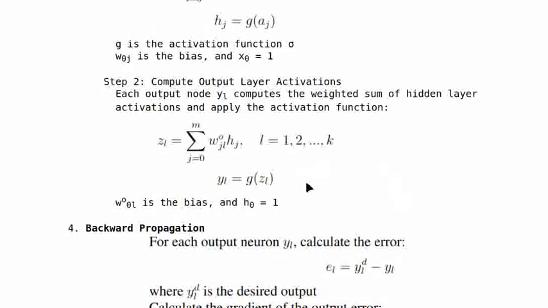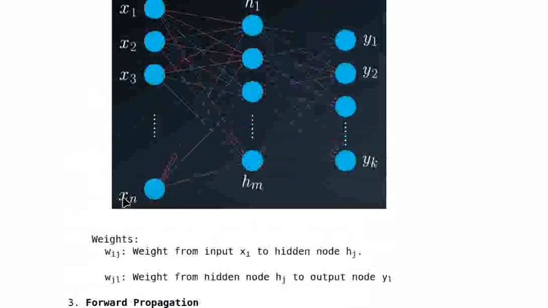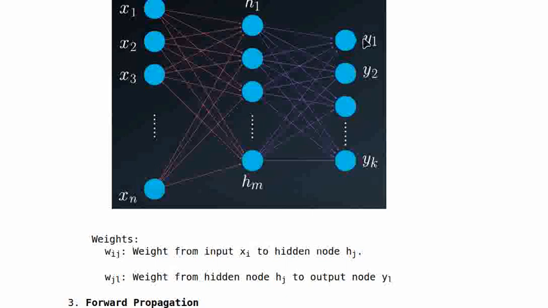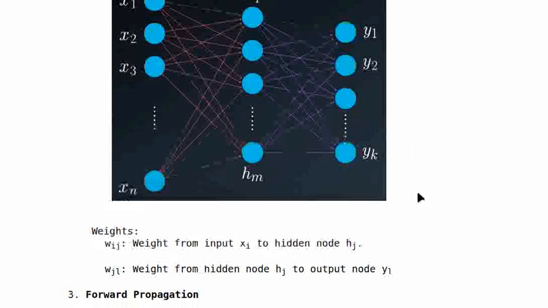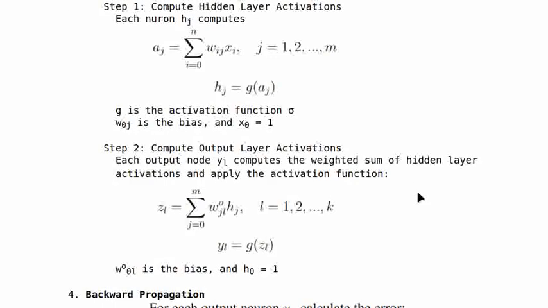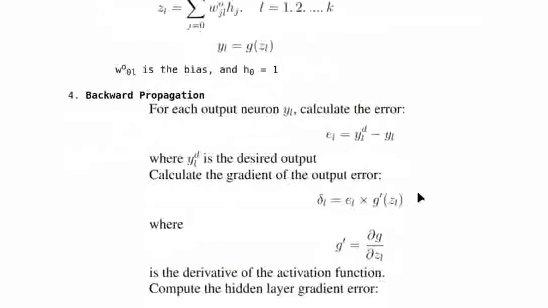So in the formula again, h0 is the bias, it is equal to 1. w0l is the bias. The o here means output. Then after we have computed these y values, we have to compare with the target output, or the desired output.